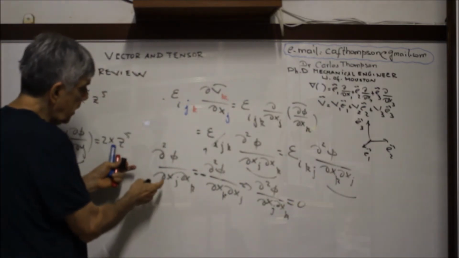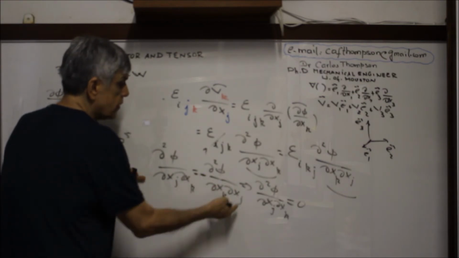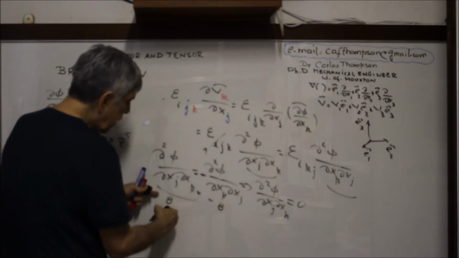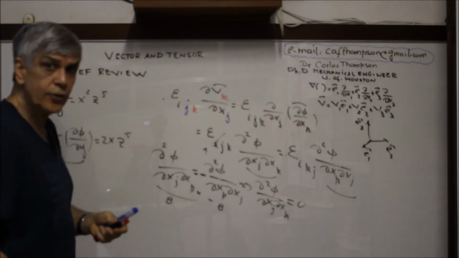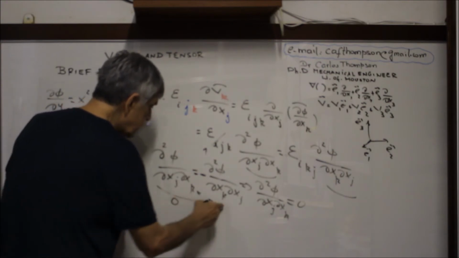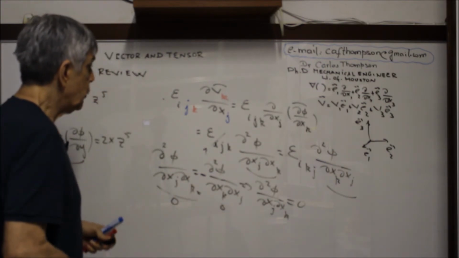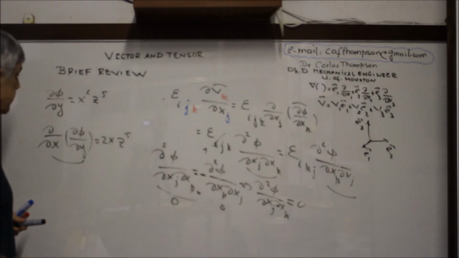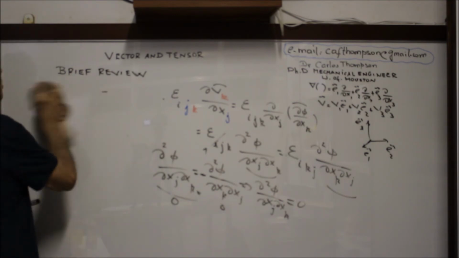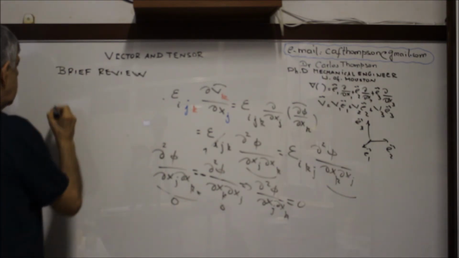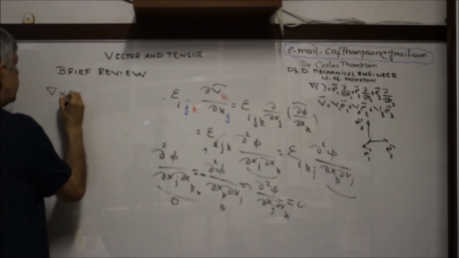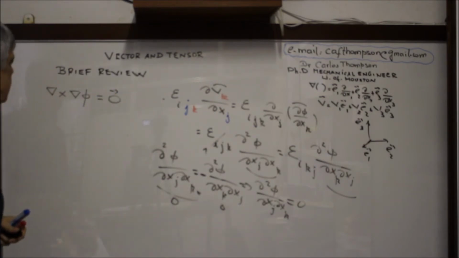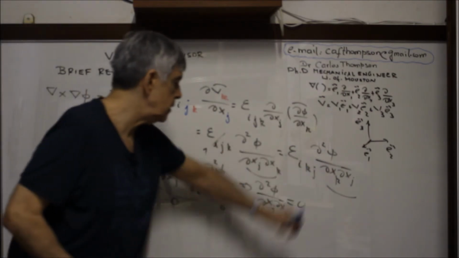Look, a number 8 is equal to minus 8. Suppose this is 8, this is minus 8. A number cannot be equal, it's symmetric. So only if this is 0. So the rotational of the gradient of a function is equal to the zero vector. It's proved. That's easy from here.